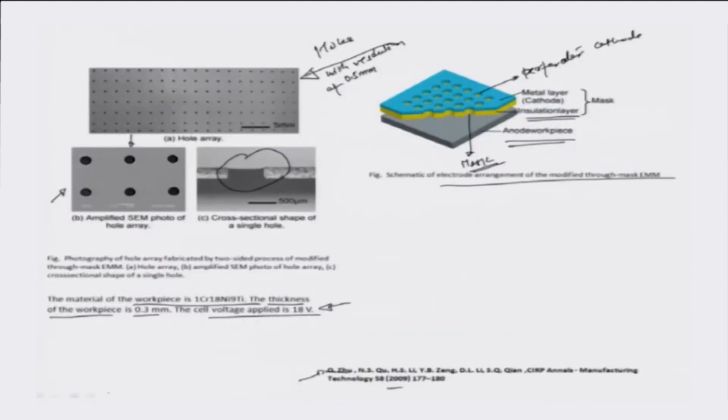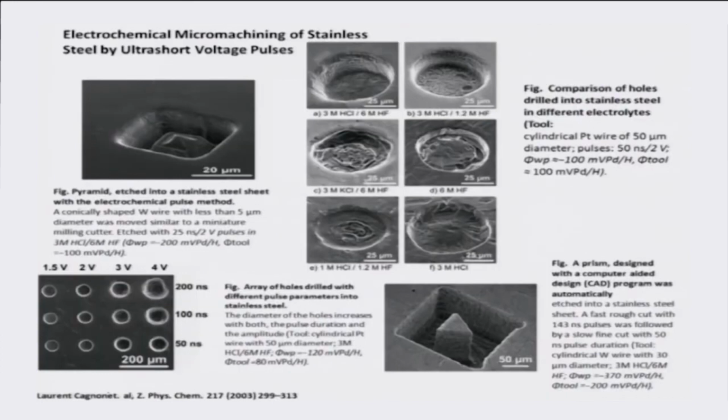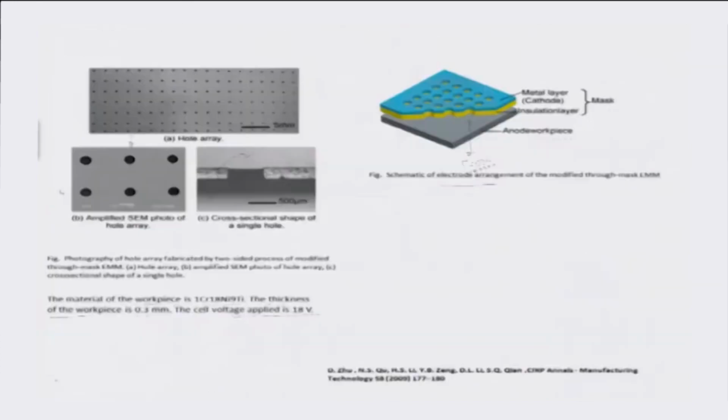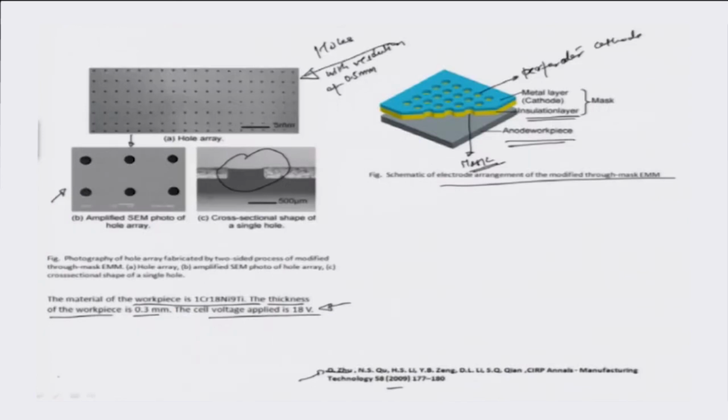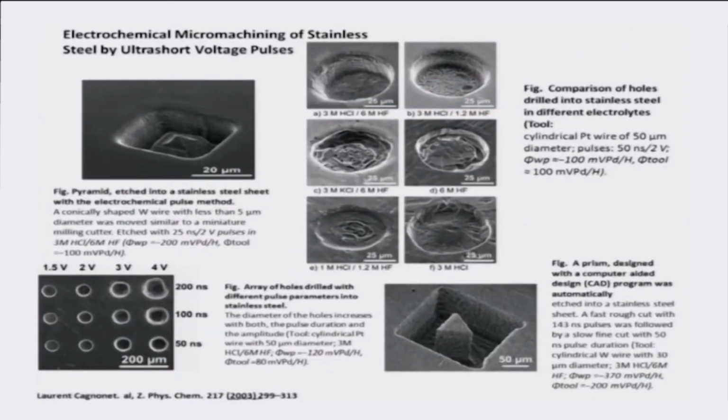Yet another example is borrowed from the Lawrence group, as can be seen in this illustration here. This was reported in 2003, and this talks about again electrochemical micromachining of stainless steels by ultra short voltage pulses. The figure here is an SEM image of a pyramid which has been etched into a stainless steel sheet, again with the electrochemical pulse method.